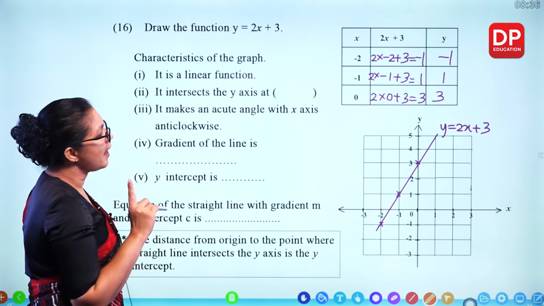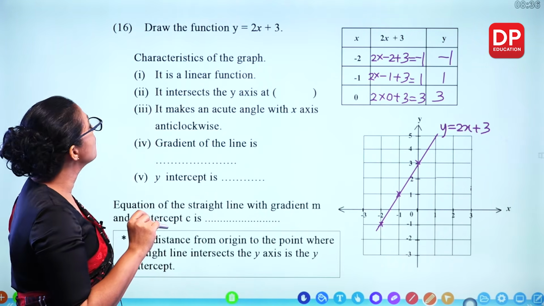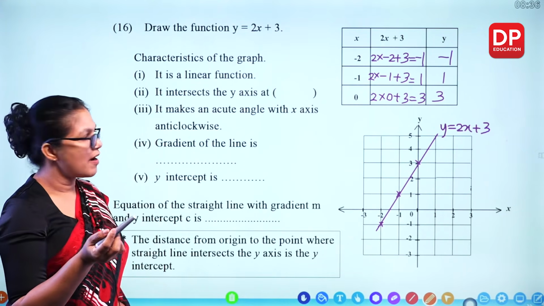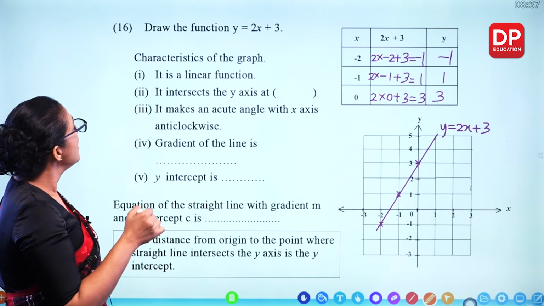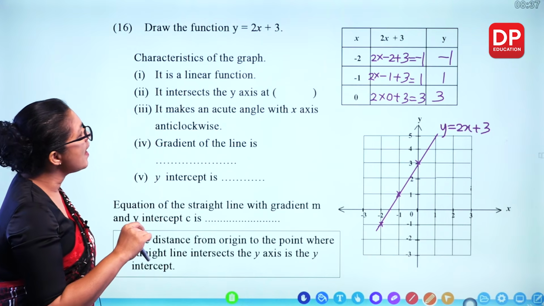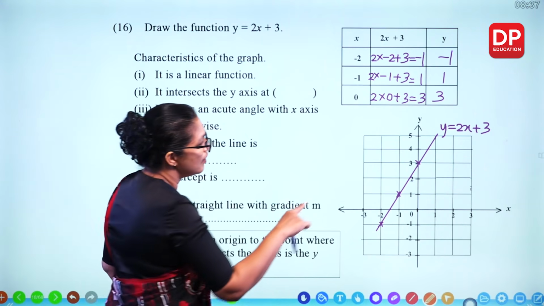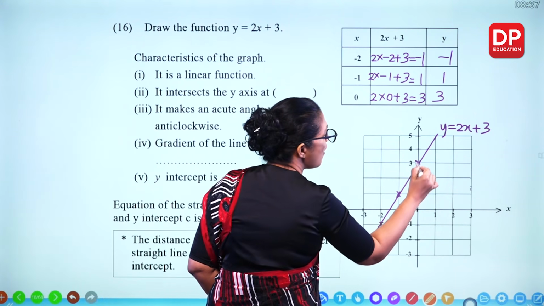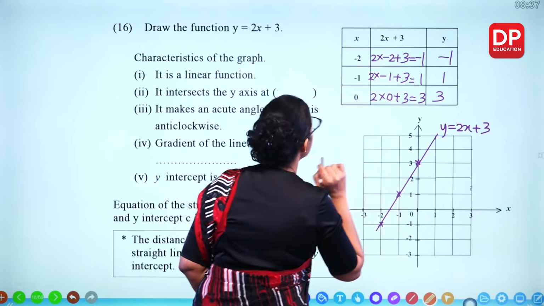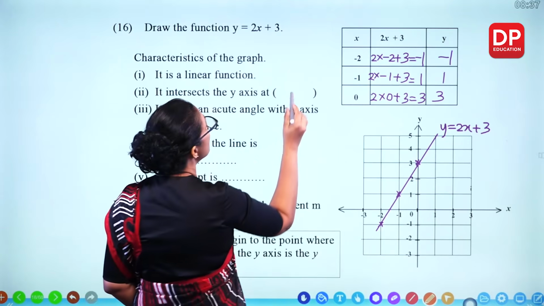Now what are the characteristics of this graph? It is a linear function. It's a straight line. It intersects the y-axis here. This is the y-axis. It intersects the y-axis at 3.